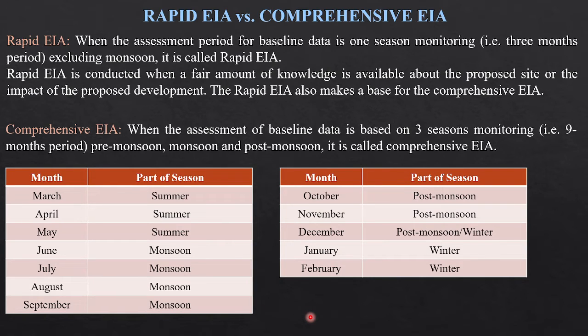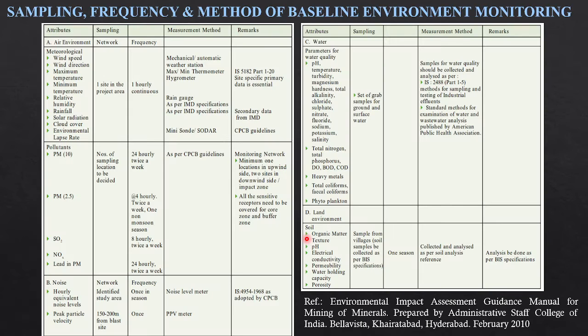However, for river valley projects, we include the monsoon season also. So considering this, we take from April to December, so that pre-monsoon, monsoon, and post-monsoon will be covered.